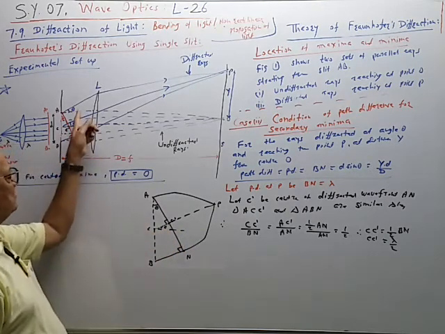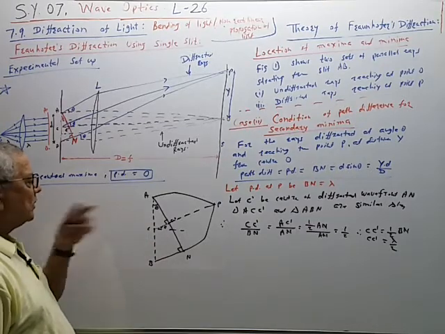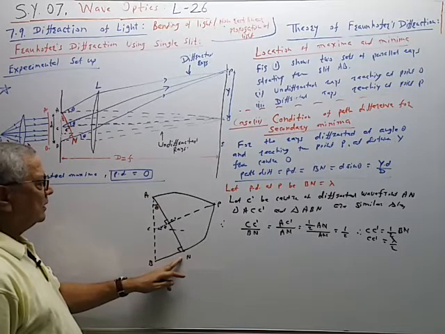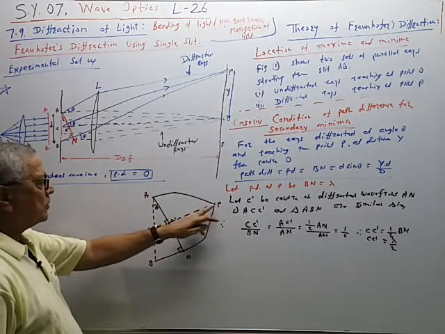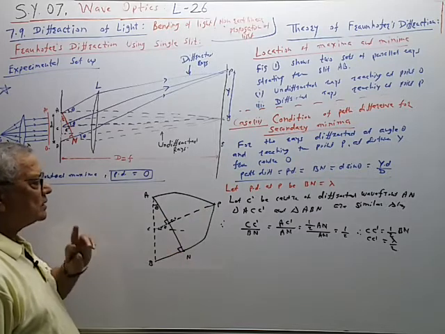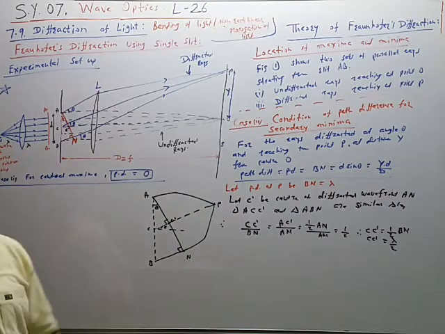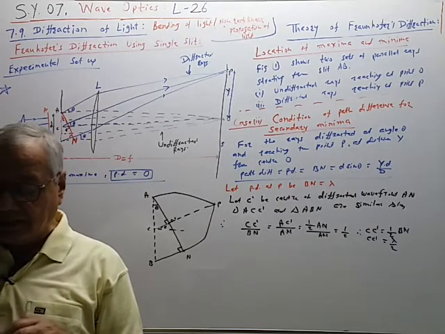So see this figure, I have shown only some part of the figure. So what is the meaning? The path difference between the rays from A and N reaching at point P, these two paths are not equal, and therefore they have a path difference of lambda by 2 or phase difference of 180 degree.